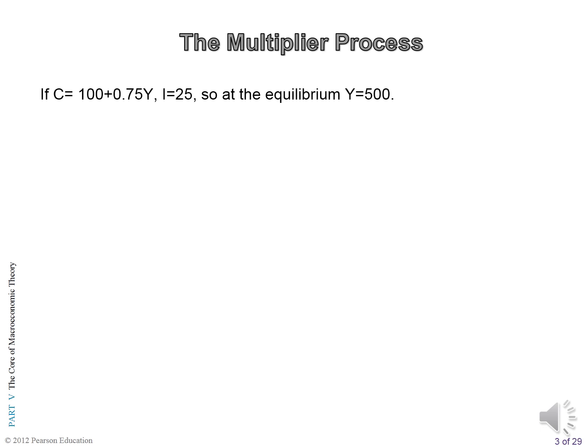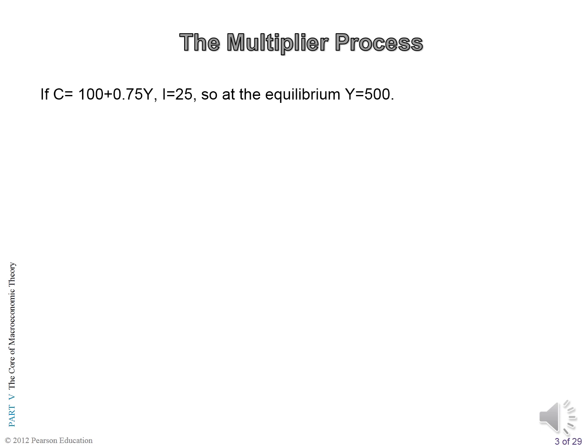For example, if investment increases by 10, output increases by 20, so the multiplier will equal 2, or Y increases double the increase in investment. Okay? يبقى كلمة المالتبلاير أو المضاعف ده معناها قد إيه الدخل بيتضاعف لما الاستثمار بيزيد بمقدار معين.